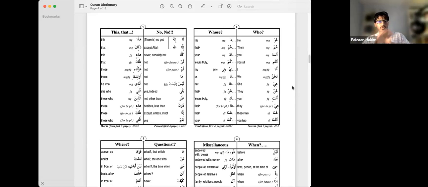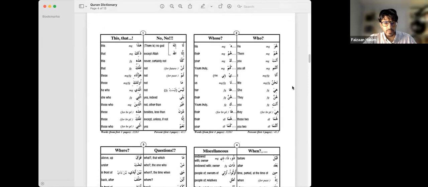To now start to put all this into practice, what we need are words. We need to actually learn words, understand the words, so that we can begin to read the Quran and understand what's going on.